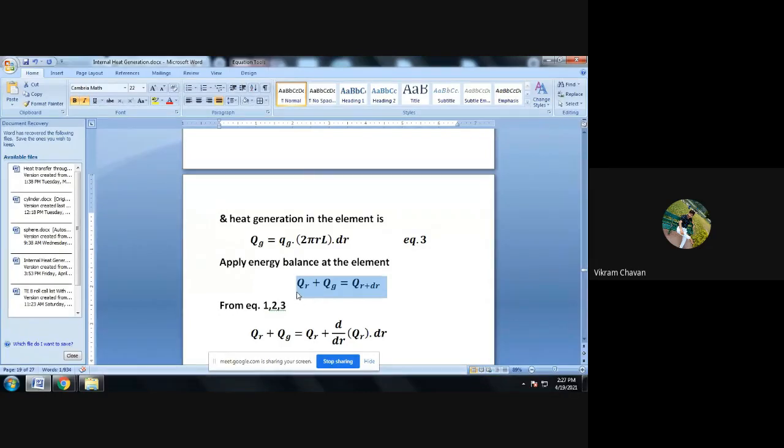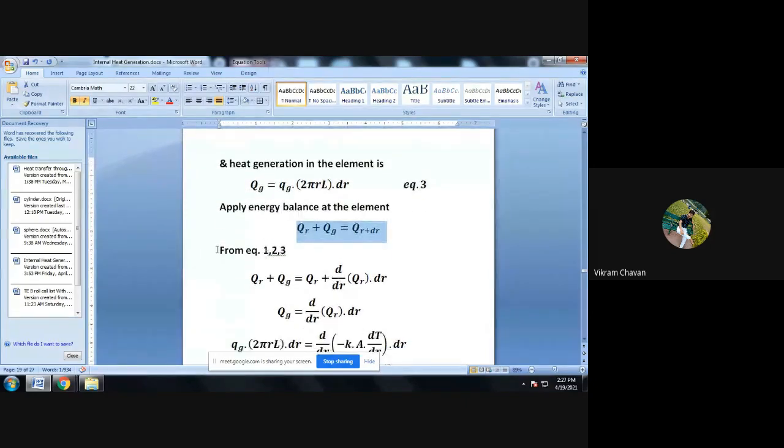So we know these three equations, for Q suffix G, for Q suffix R, and for Q suffix R plus dr. We can write from equations 1, 2, 3. Q suffix R plus dr is nothing but Q suffix R plus the differentiation of Q suffix R with respect to R multiplied by dr. So we are replacing Q suffix R plus dr by this equation.